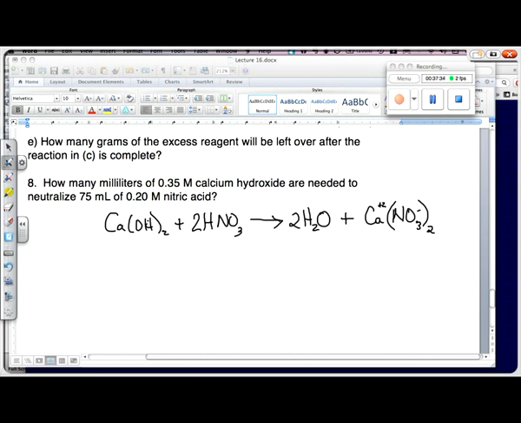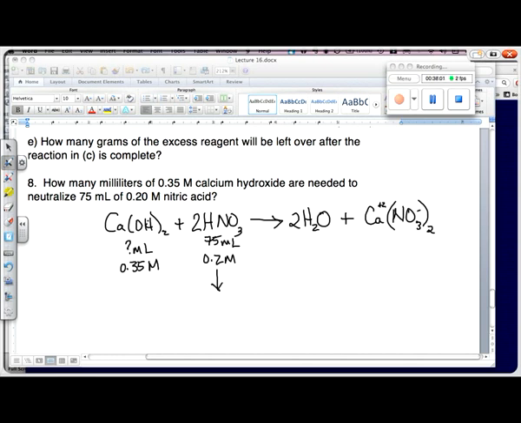So now I can write the information given in the problem. How many milliliters of 0.35 molar calcium hydroxide are needed to neutralize 75 milliliters of 0.2 molar nitric acid? Right? So here's my question. The nitric acid is the one that I know the most about and can get moles out of.